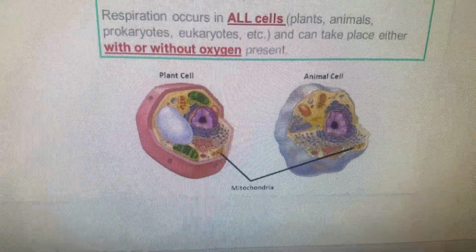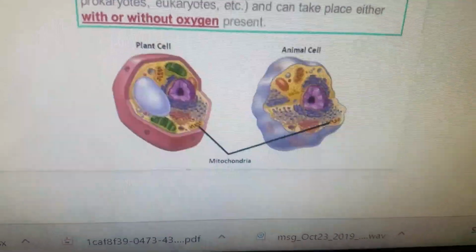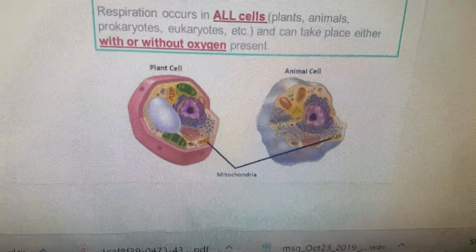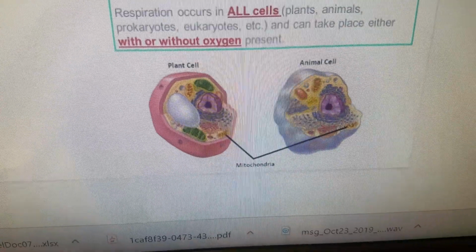It is a process by which cells convert ADP and turn it into ATP. This image that I have right here shows that cellular respiration does occur in both plants and animals.